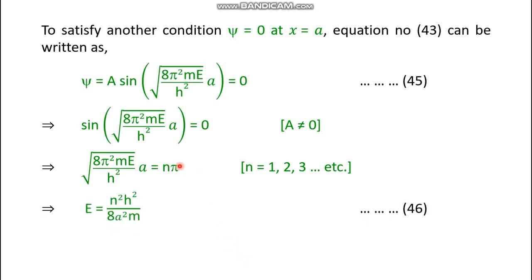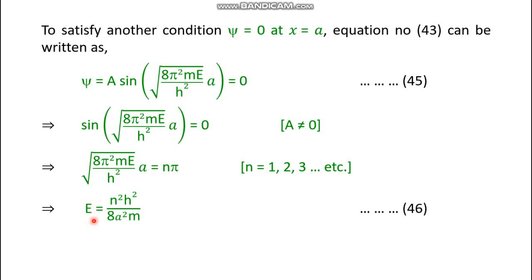By rearranging this we can get the energy expression. This is actually E suffix n. So you can get the value of E1 as h square by 8 m a square, E2 as 4h square by 8 m a square, E3 as 9h square by 8 m a square. This way, this is the expression of energy. We are writing it here as E, but actually this is En.